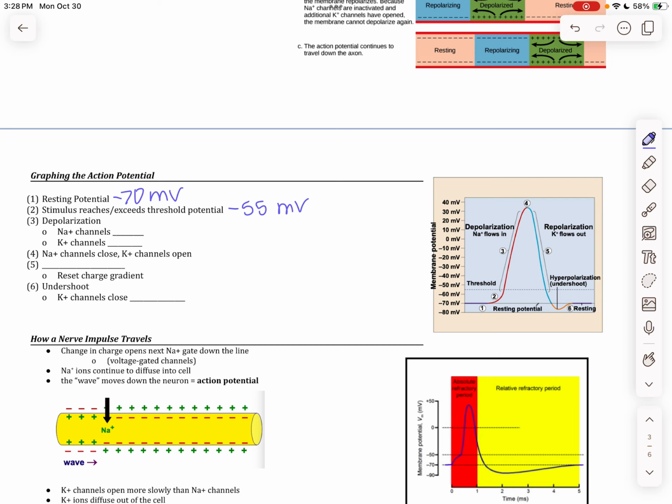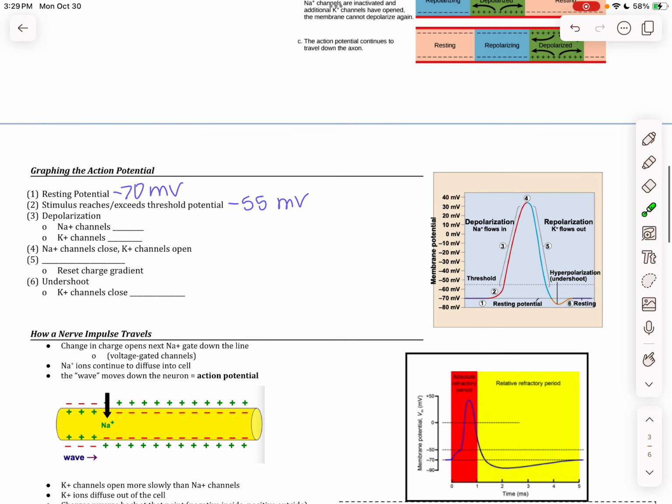So it can be -55 millivolts, -54 millivolts, but if it's -56 millivolts, it will not fire. So it has to be -55 or higher, or more positive. Once that happens, it's going to do the all or nothing thing. If it's -56 or more negative, it'll just fail and not happen.